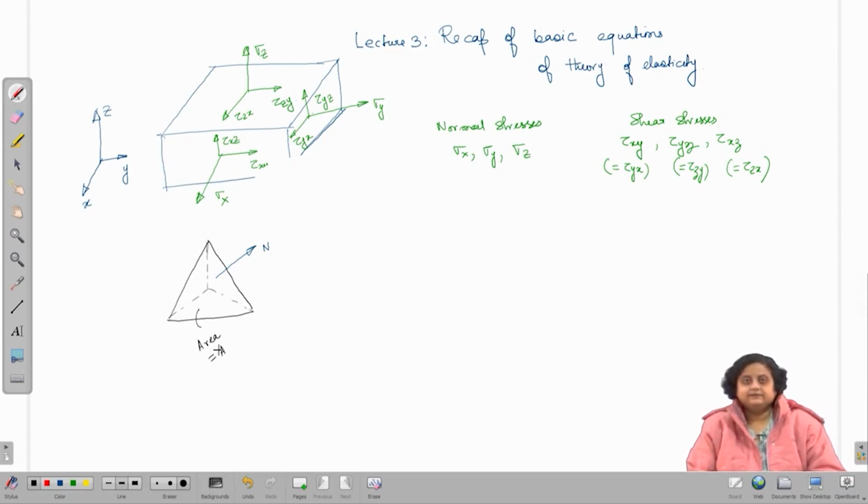Now, let us consider this tetrahedron on the boundary of the 3D body, any arbitrary boundary of the 3D body.